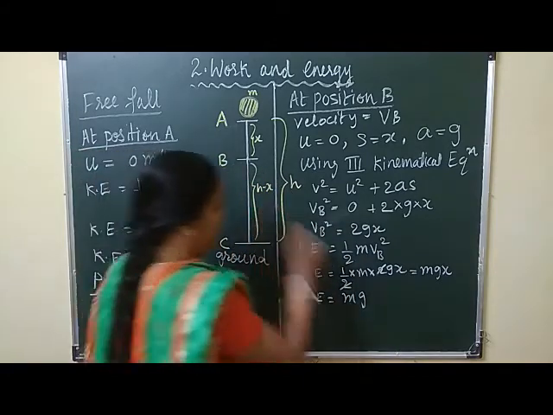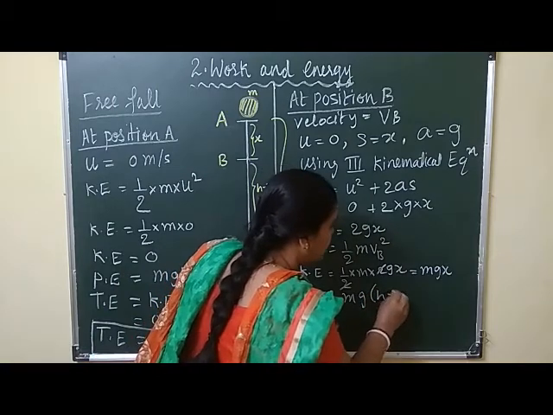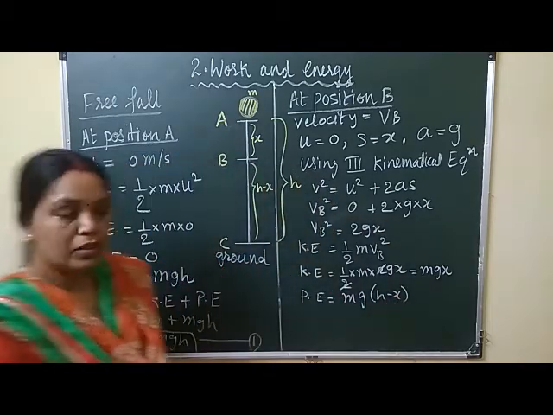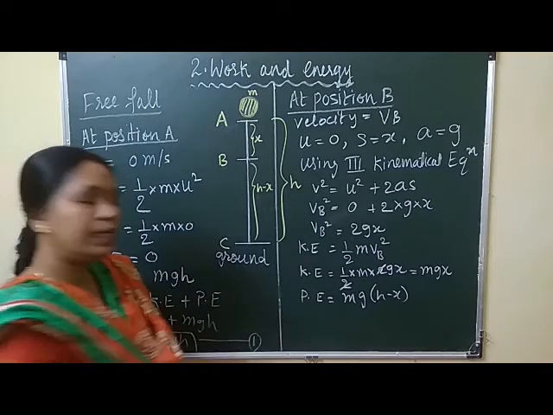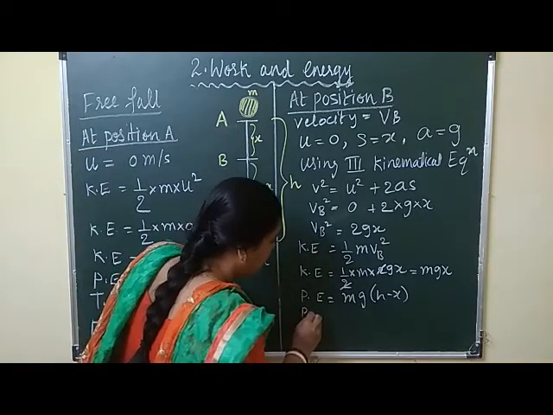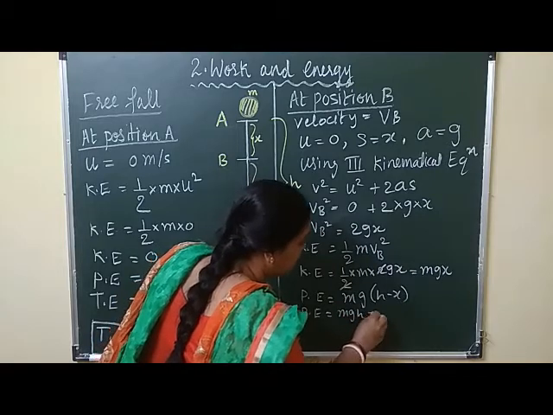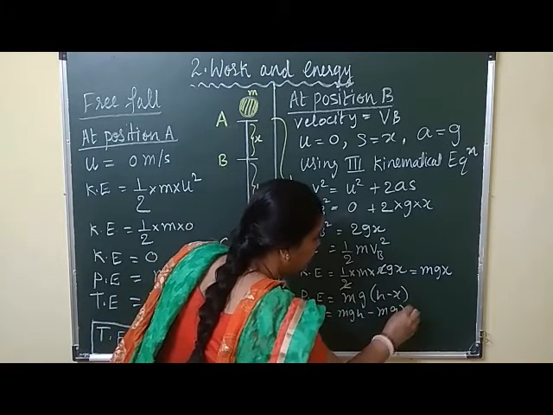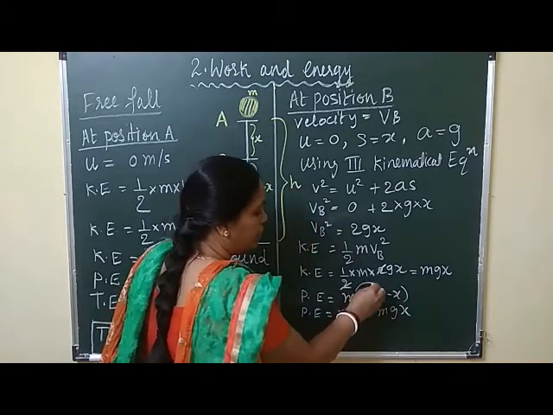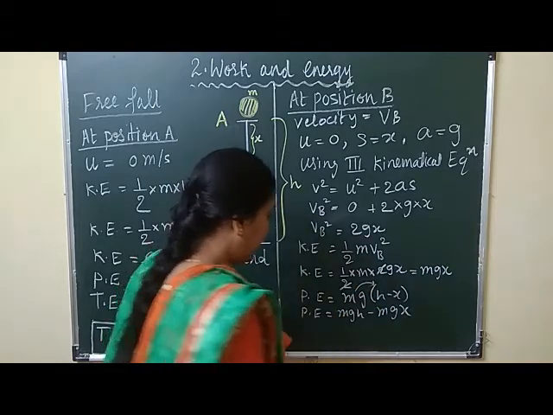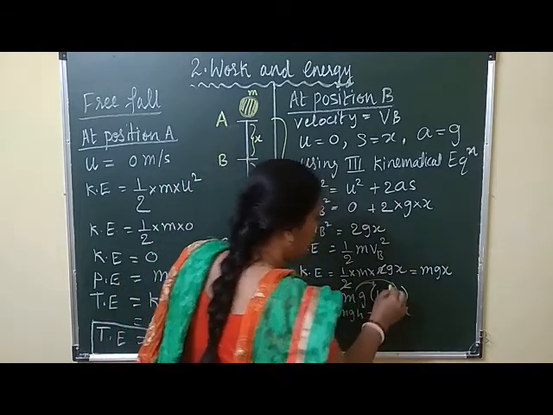But for height I will write h minus x. When we open the bracket, we get potential energy is equal to mgh minus mgx. Multiply here and multiply x.